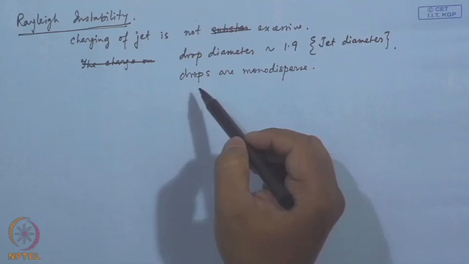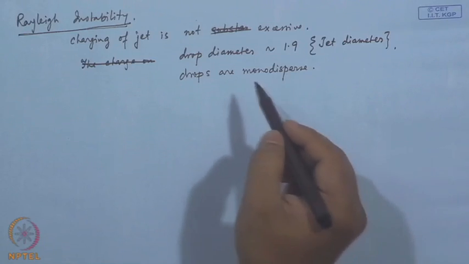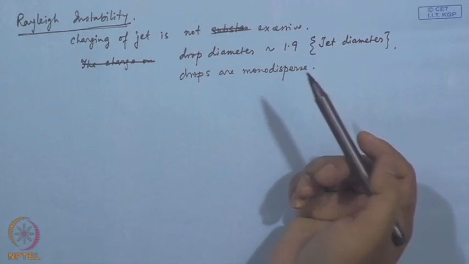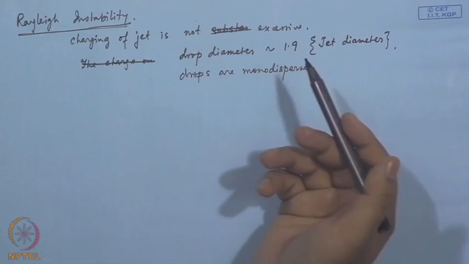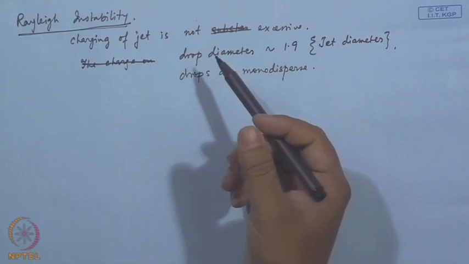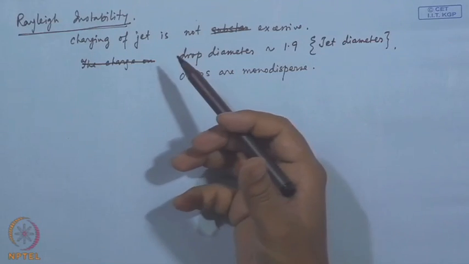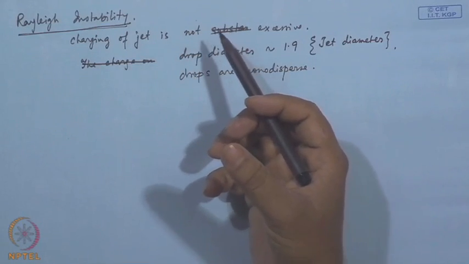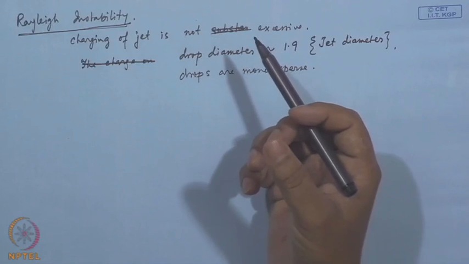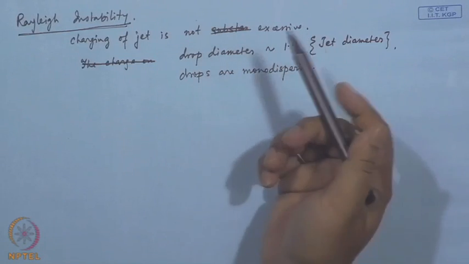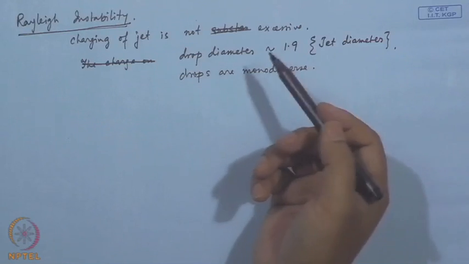That type of breaking will happen when the charging of the jet is not very high. So, monodispersed drops are obtained where drop diameter is close to 1.9 times jet diameter. We have already talked about how the drop diameter relates to the jet diameter. There would be a perturbation, that perturbation grows, and the jet breaks into smaller droplets. We did a similar analysis; only the presence of charge has to be considered.